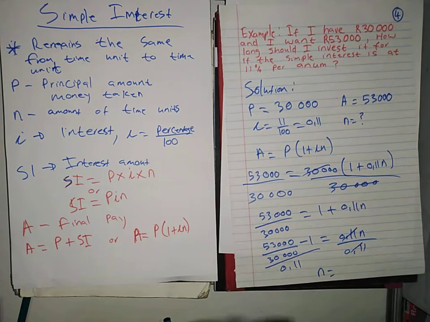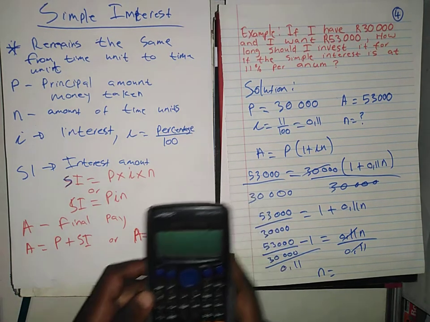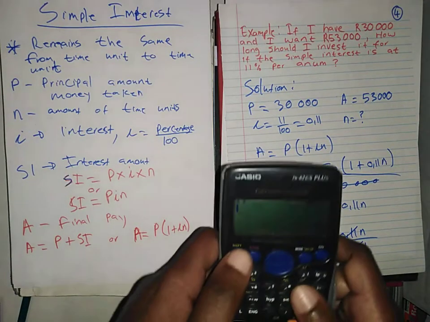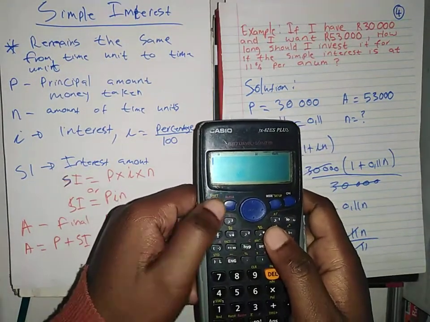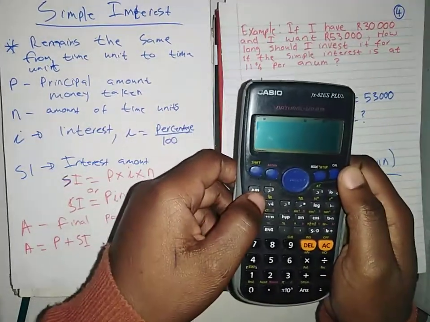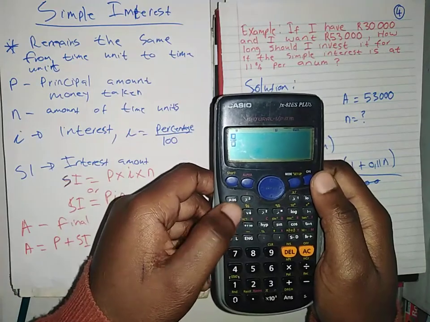I'm not going to put this down again, so I am going to put this thing as it is in a calculator. Now, how to do that? You must always press this. Can you see?